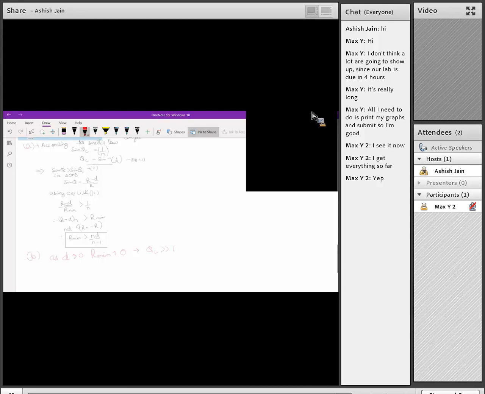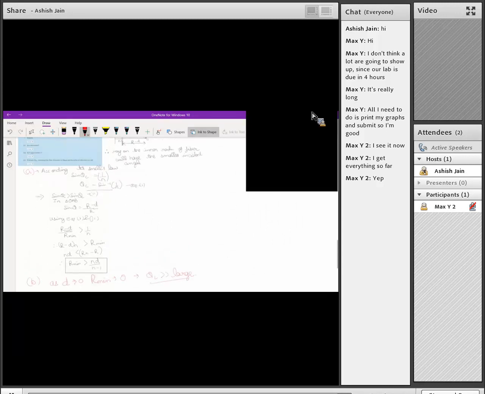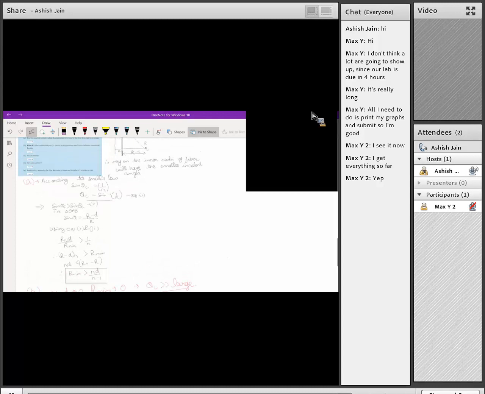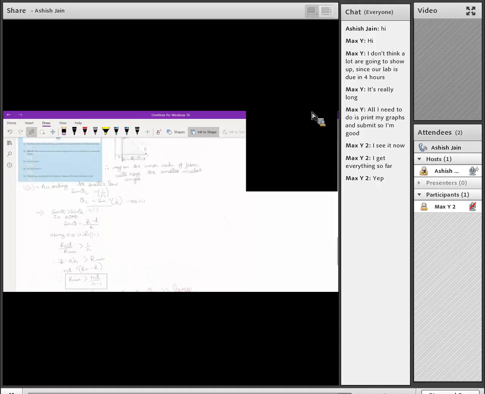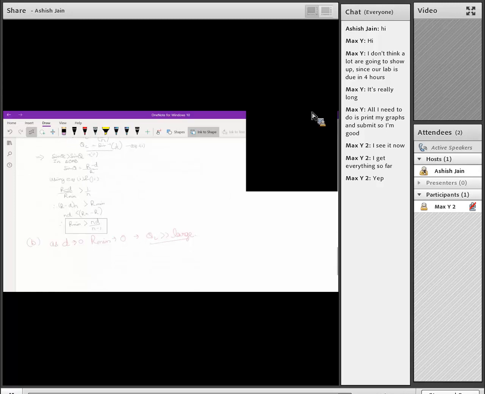That means if your radius is very, very small, then a large theta I is possible. It's vice versa.